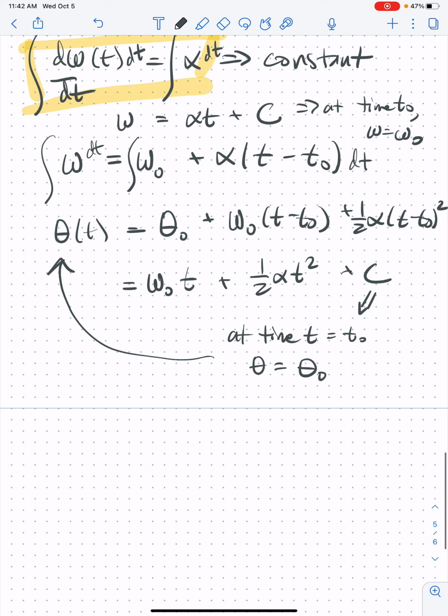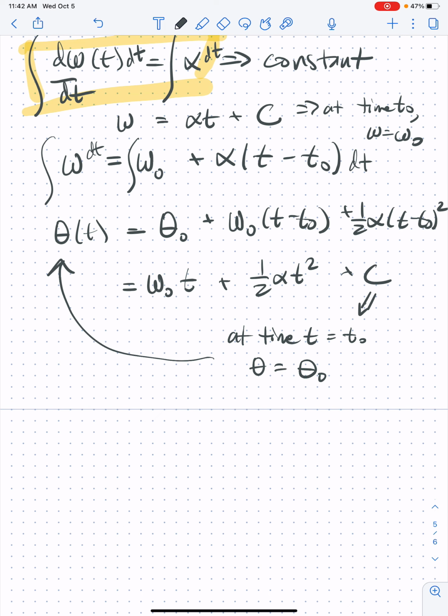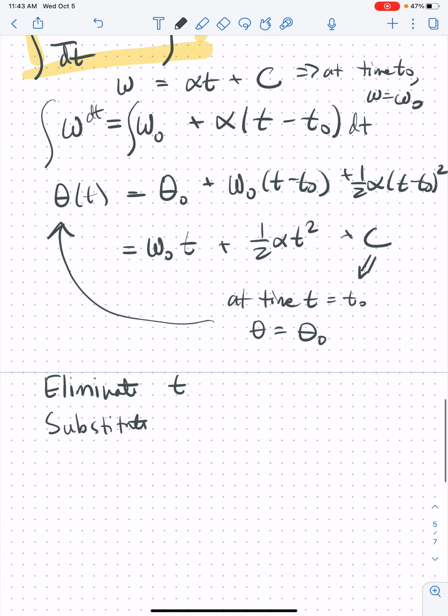And then for our last rotational kinematic equation, we eliminate t. So substitute our omega equals omega naught plus alpha times t minus t naught into the theta equation.